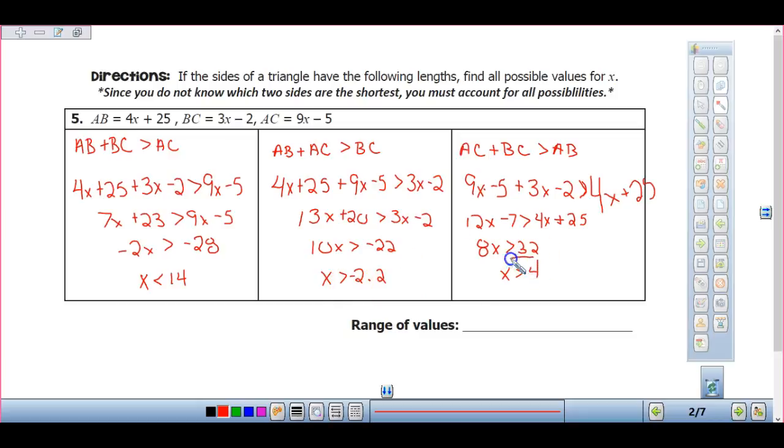Since this other one is negative, we're going to take this and use it. And so x has to be between 4 and 14. We're going to use those same signs that we used yesterday when we were finding the range of values. Okay, I know it's a lot of work. It's not super hard and it's solving equations, but we do need to go through all those steps.